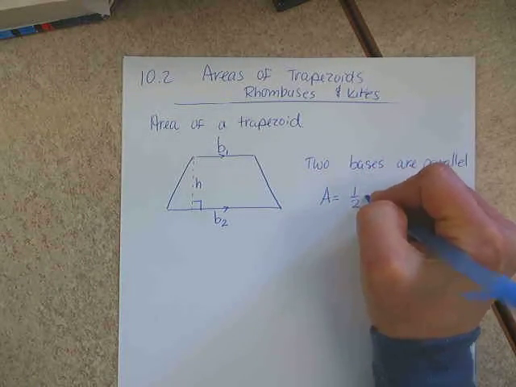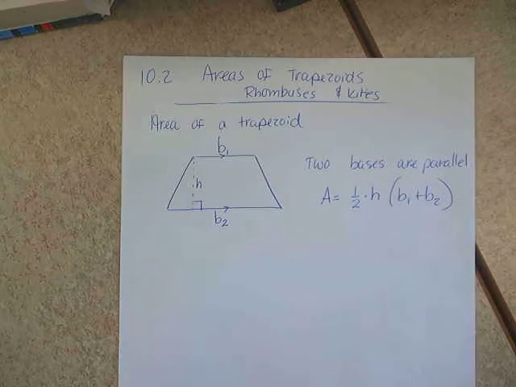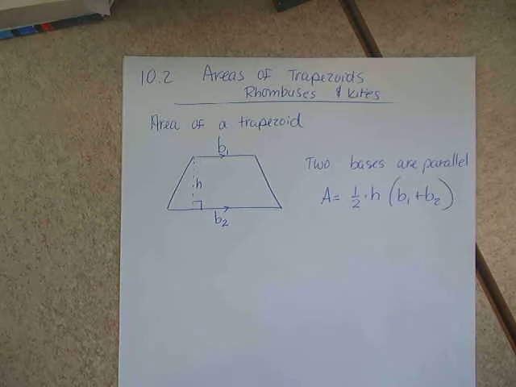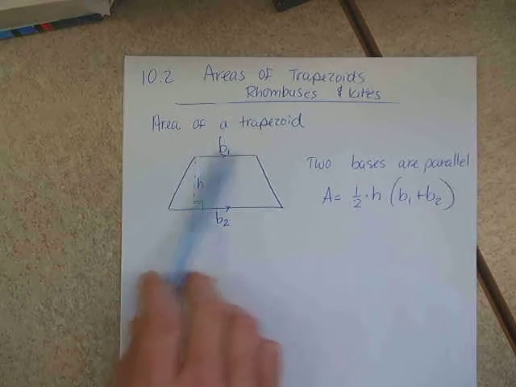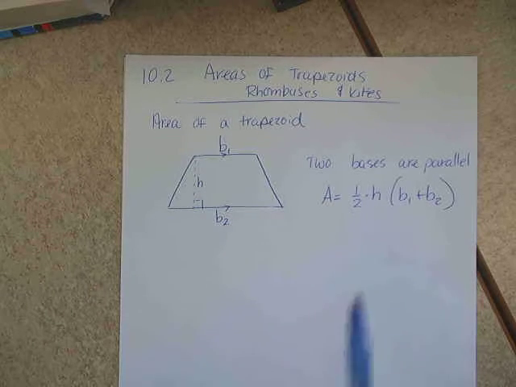The formula is 1/2 times the height times the sum of the bases. Having derived this, I think what they've done is they've taken this space and put it down here. So you're adding those bases and times the height is a big rectangle.